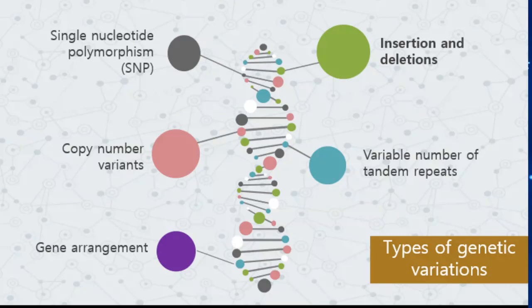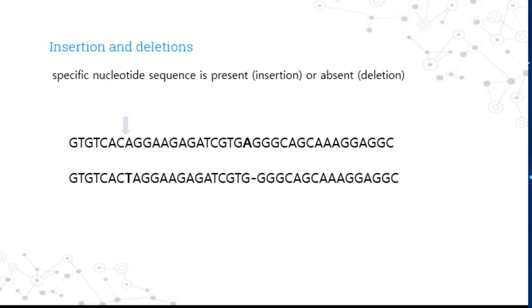Now we come to the second genetic variation, which is the insertion and deletion. It occurs when a specific nucleotide sequence is present, which means it is inserted, or absent, which means it is deleted from that DNA sequence.